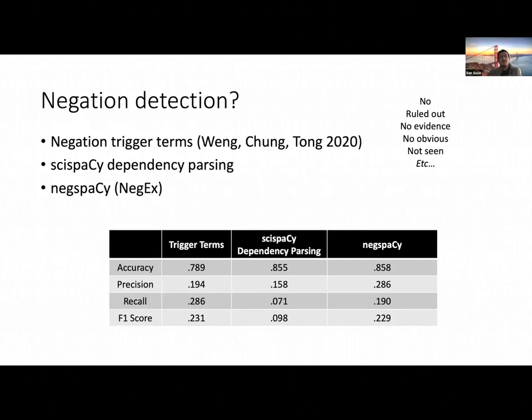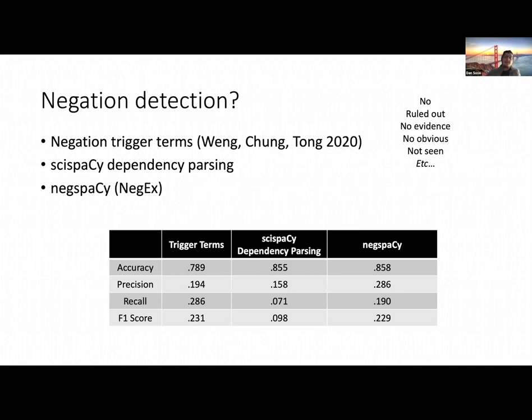So we considered a few different ways to do negation detection. For one, we looked at this list of negation trigger terms, things like no, ruled out, no evidence, etc., that are listed here on the right. We considered using dependency parsing. That's looking at the actual linguistic sentence structure and seeing if the negation occurs along a dependency path between the drug and the treatment trigger word.